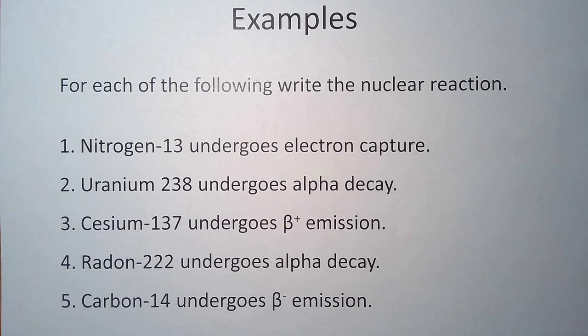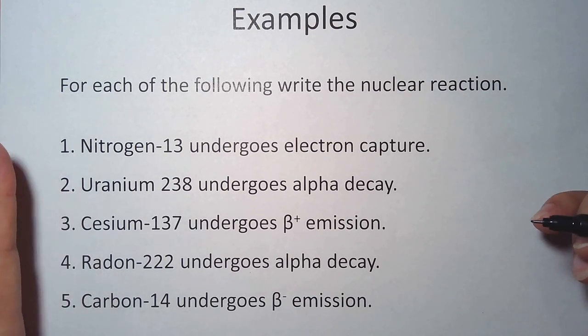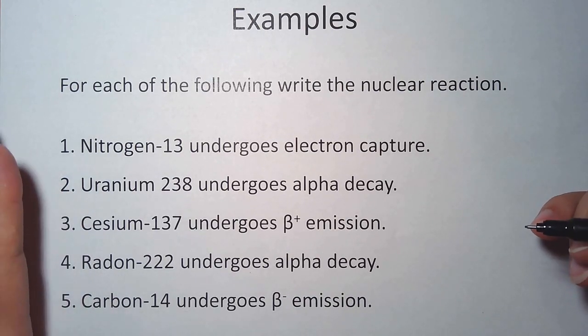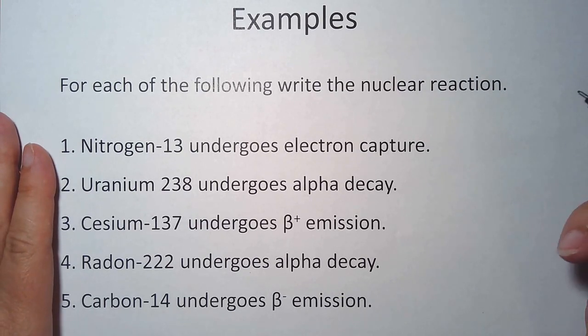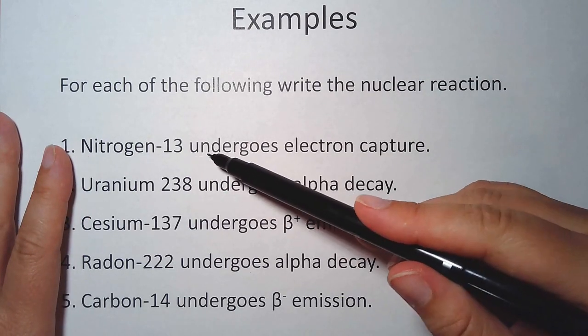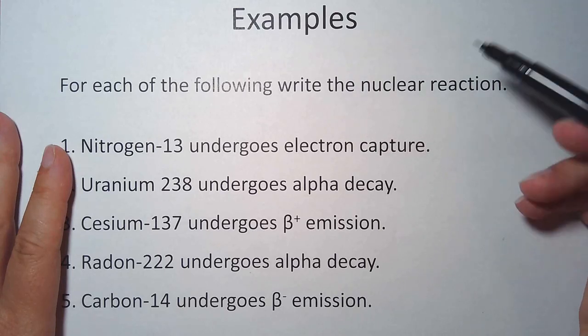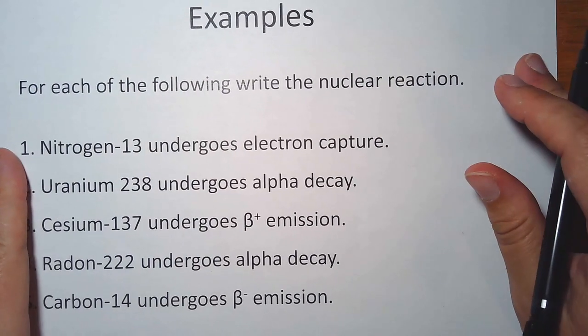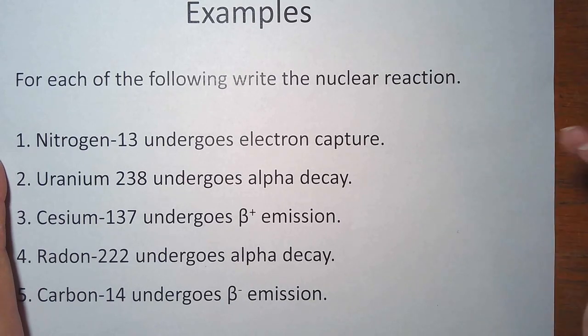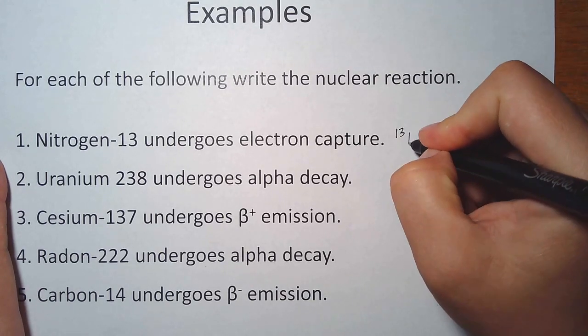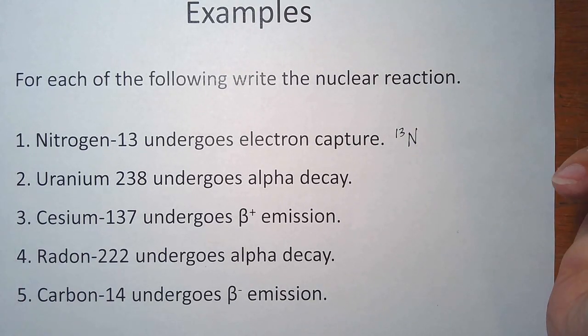Alright, so let's look at our sentences and see if we can turn that into expressions and figure out what we have left. So we have nitrogen 13 undergoing electron capture. Nitrogen 13 is the mass. If we look at a periodic table, nitrogen is 7 protons.